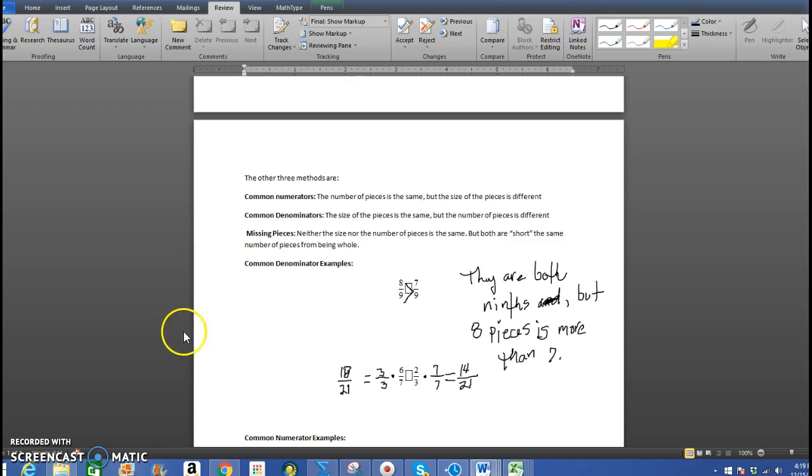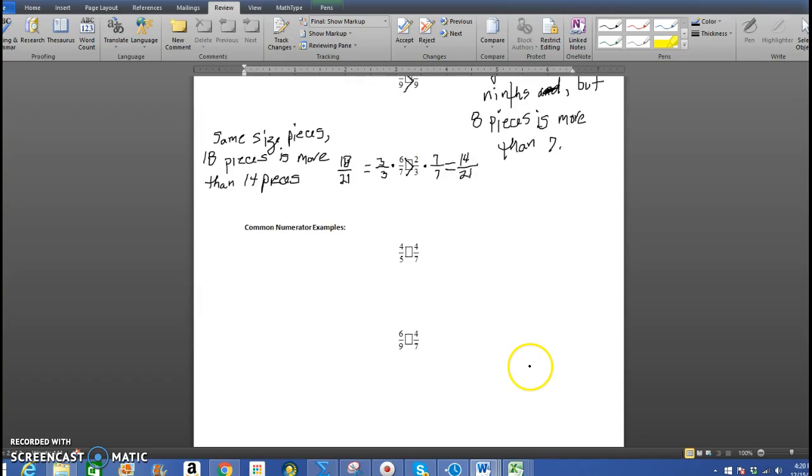So as you were doing an explanation, you would need to say same size pieces, and then something like 18 pieces is more than 14 pieces. So that would make 6/7 greater than 2/3.